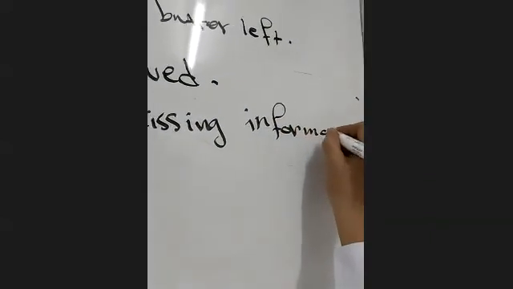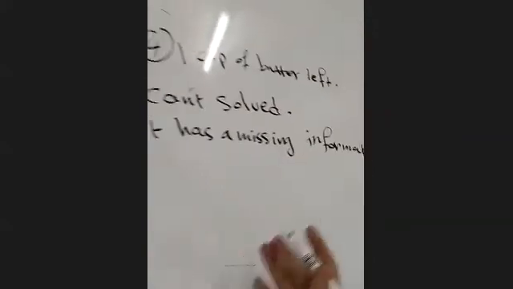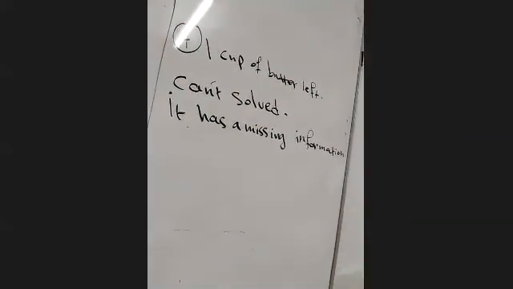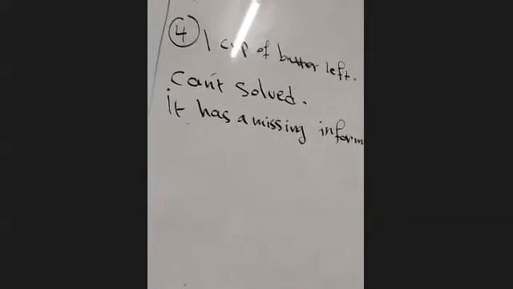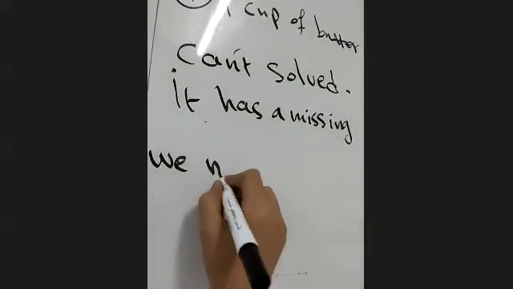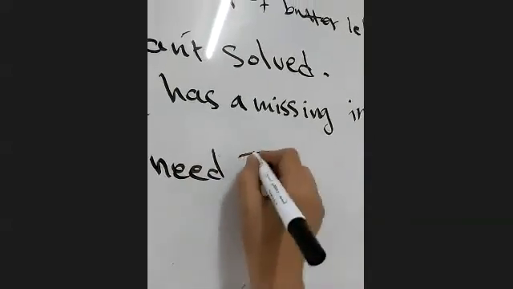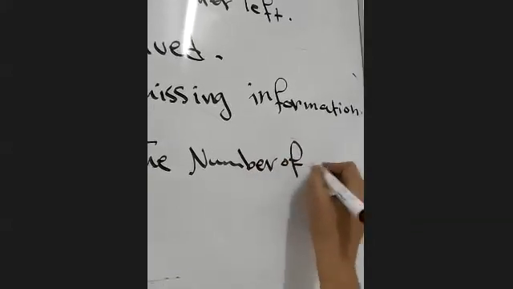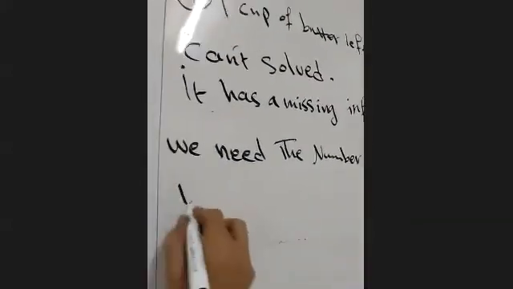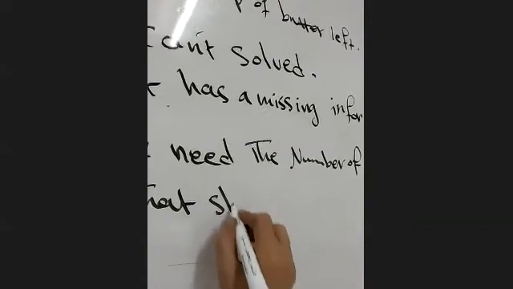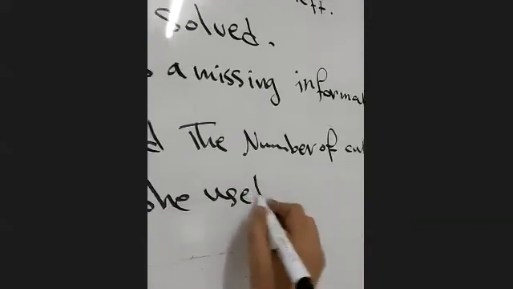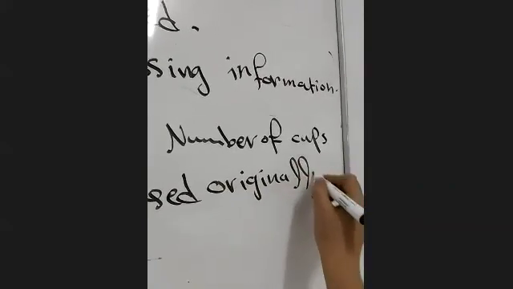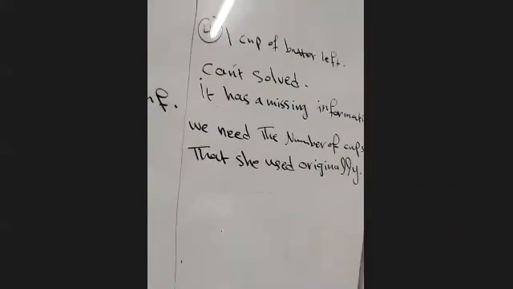What is the missing information here? The number of cups that she used originally, right? We need the number of cups that she used originally, at the first, before she made the pancakes.